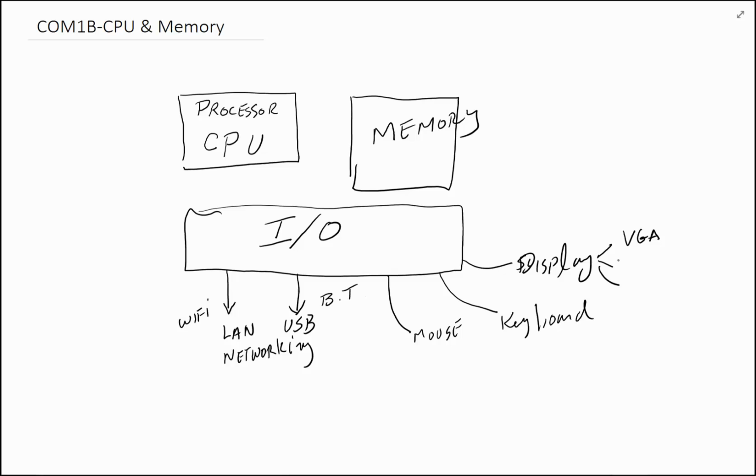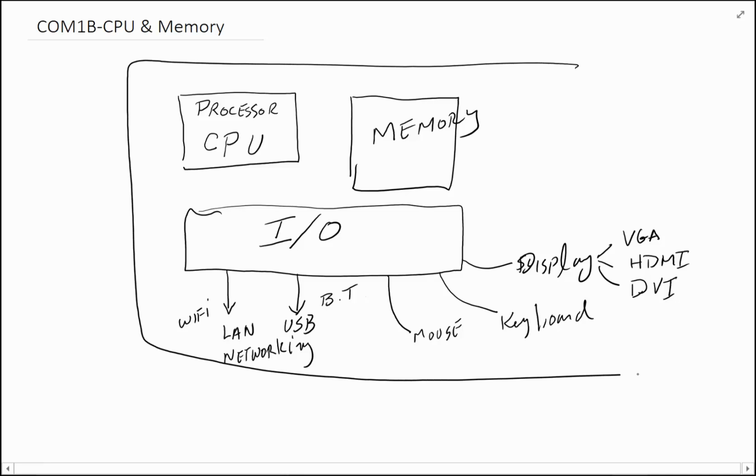You may have HDMI or a slew of other types, but these are probably the most common ones out there. The other one that lived for a little bit, and is still on some of the systems, is called DVI. But anyway, these are the various ones, and these are the major components you will find on a computer.